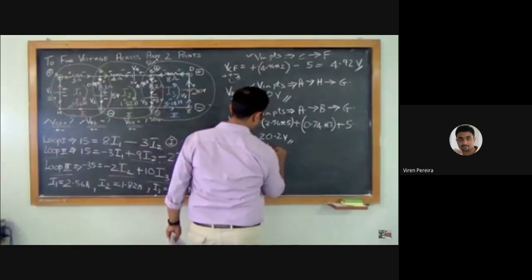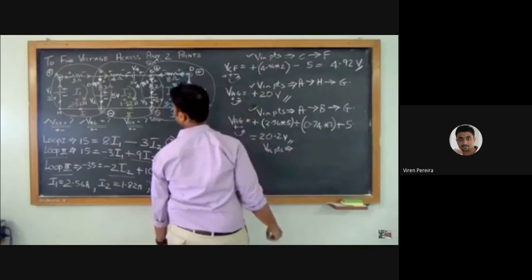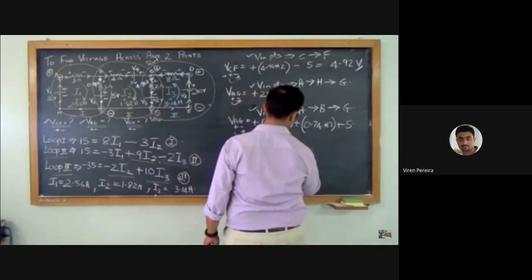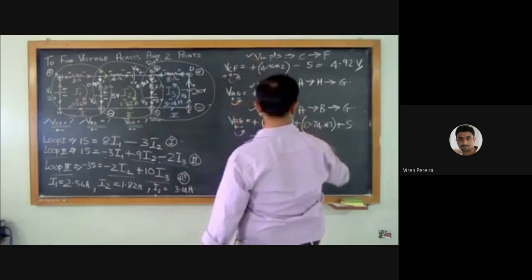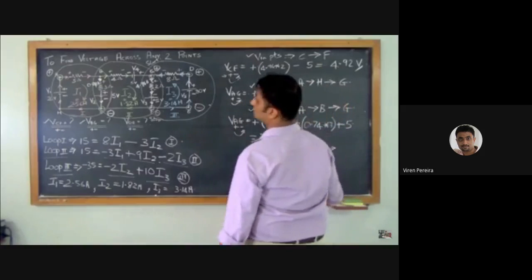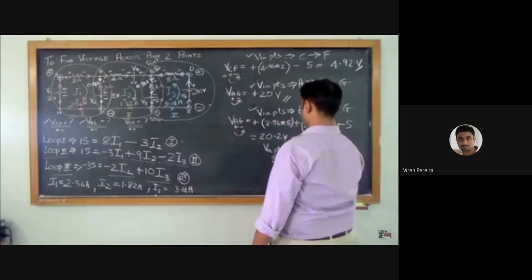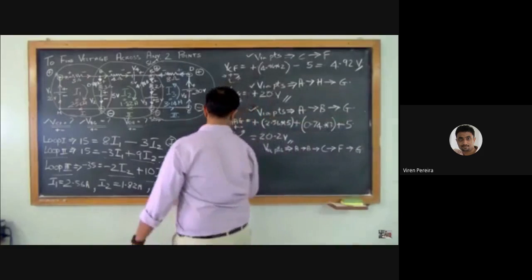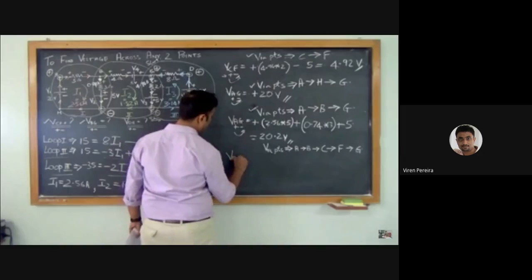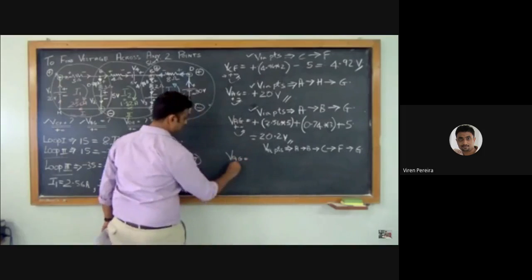So now I take via points A to B, B to C, C to F, and F to G. So even if I take via these points, I should yield the same result.